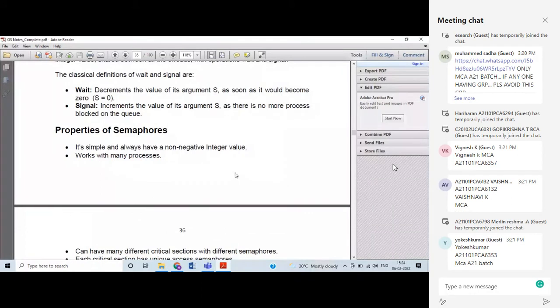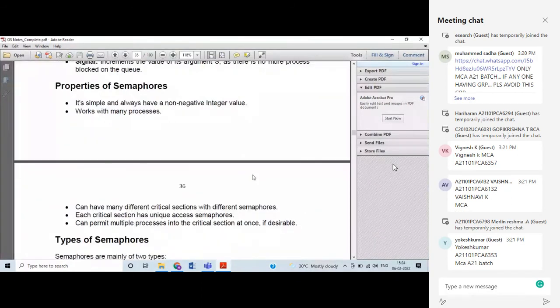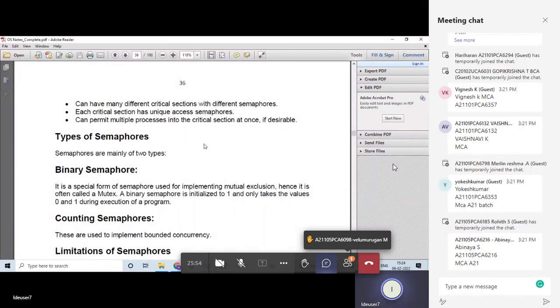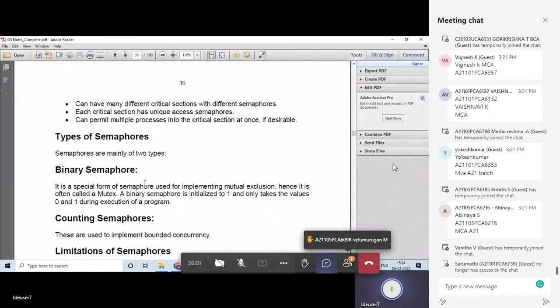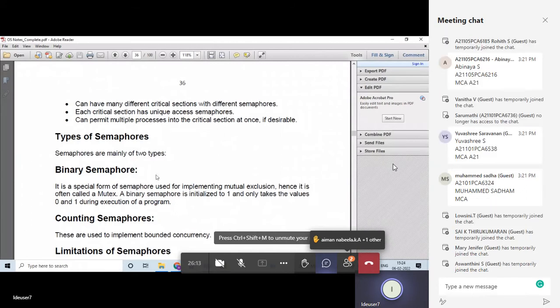For the properties of semaphores, I don't want to waste time reading the paragraph, so you can study by yourself, and we will come to the types of semaphore. We have two types: the binary semaphore and the counting semaphore. A binary semaphore is a special form of semaphore used for implementing mutual exclusion, so it is often called the mutex.